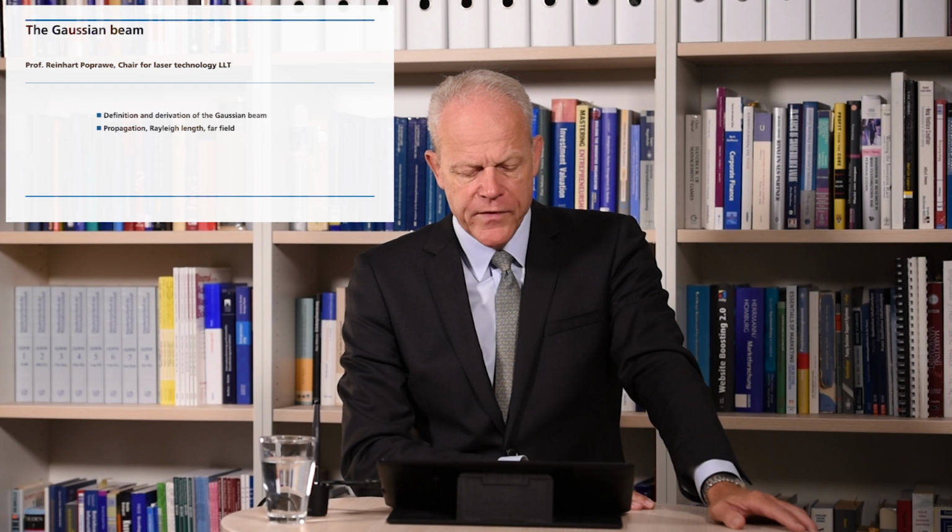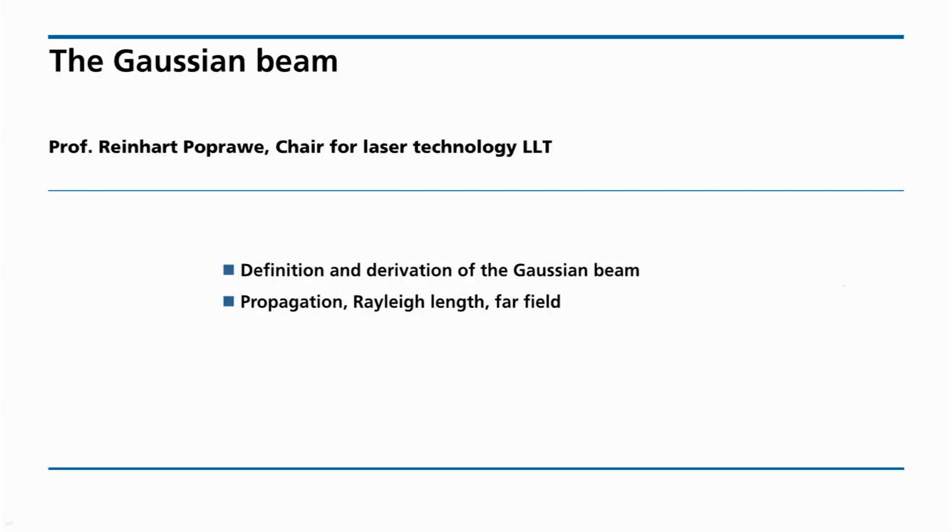That's the purpose. To start with, I would like to introduce the two elements of the session. Number one is the definition and the derivation of the Gaussian beam. And number two is the propagation, the Rayleigh length, and the far-field behavior. We can derive what we call a Gaussian beam by many means.